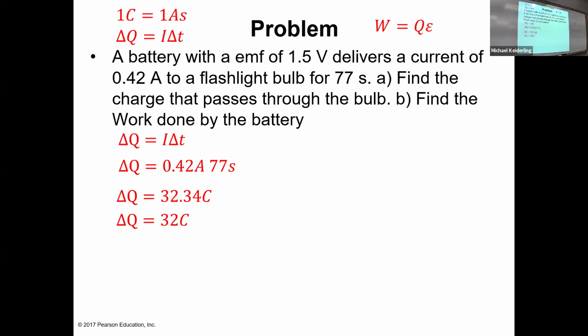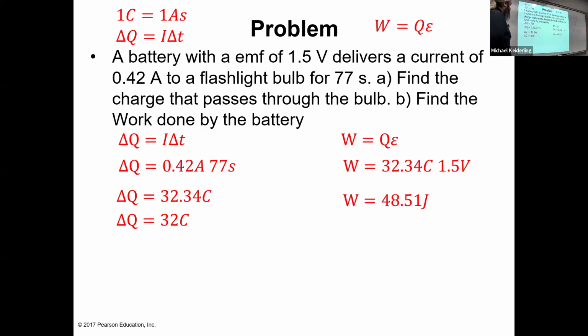The work is going to be the charge times the EMF, delta Q times the EMF. So 32.34 coulombs times 1.5 volts is 48.51 joules, or 49 joules. Fairly straightforward.